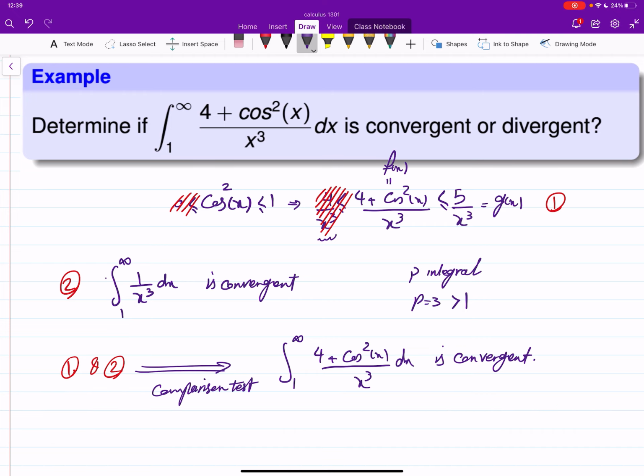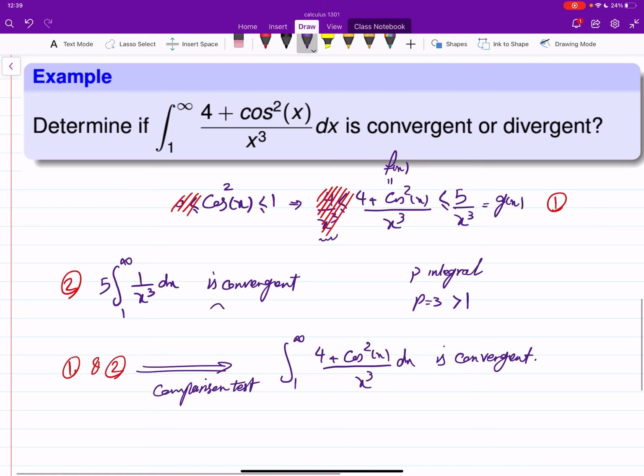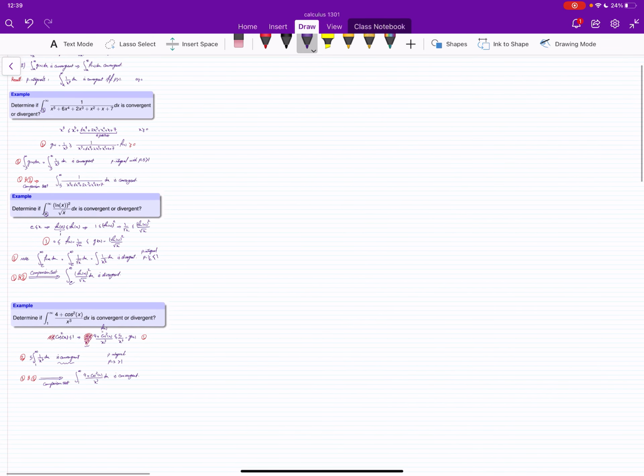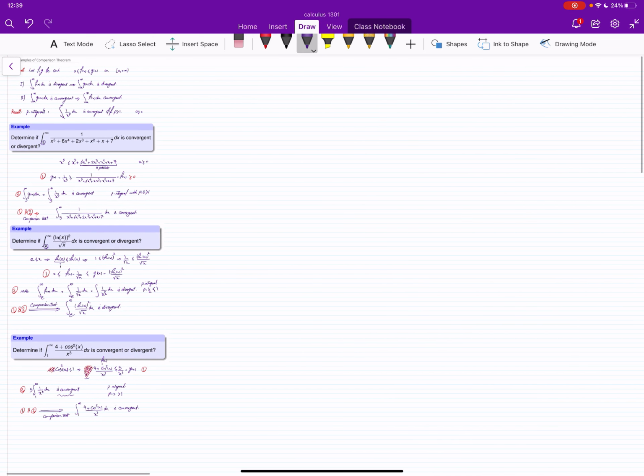Well, if you multiply that by 5, the convergence doesn't change. The number would change, it will be multiplied by 5, but if it is convergent, it will stay convergent. And that's the only thing we need here. Okay, so these were examples where you can compare the given integrand with a p integral, and then use the comparison test and prove that the integral is either divergent or convergent.